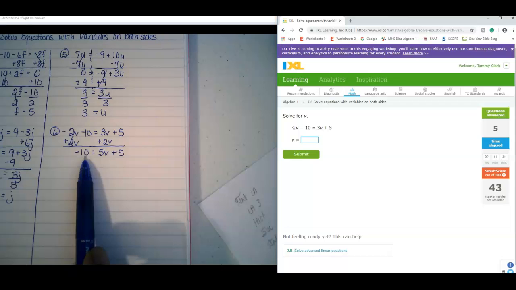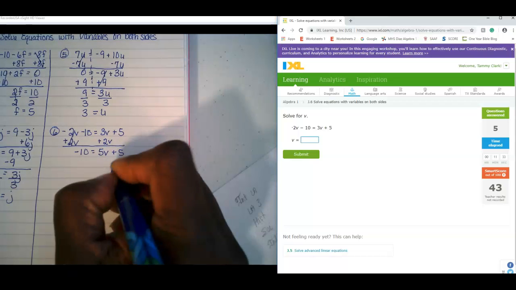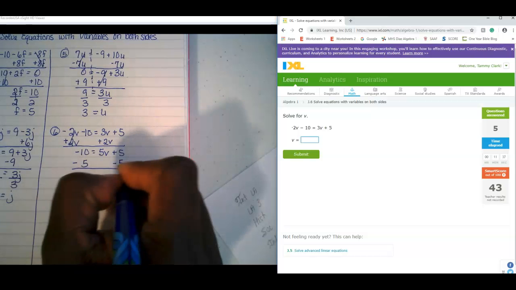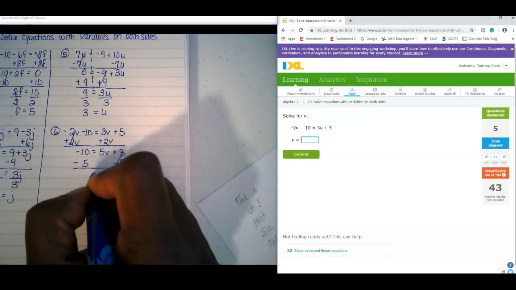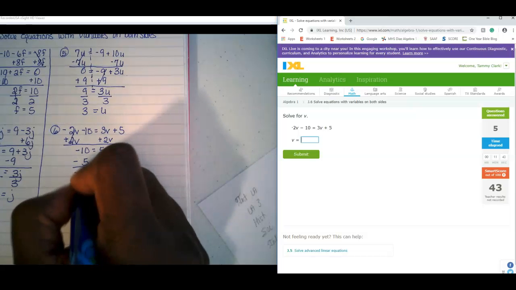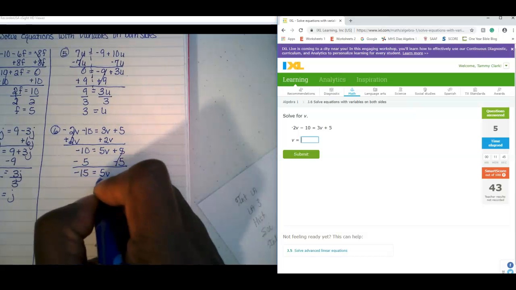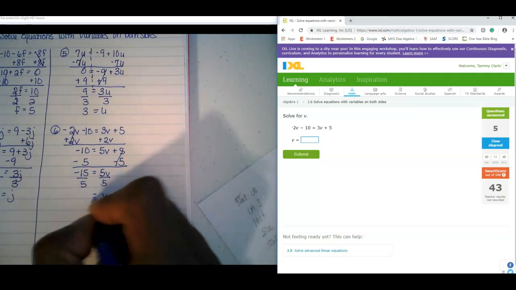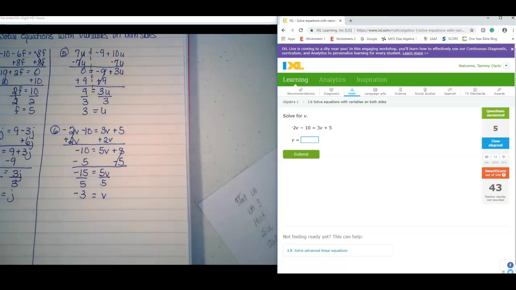Now I'm going to deal with the numeric terms. So I'm going to subtract 5 from both sides of the equation. And that leaves me with 5v is equal to negative 15. Divide by 5 on both sides of the equation, and that gives me v is equal to negative 3.